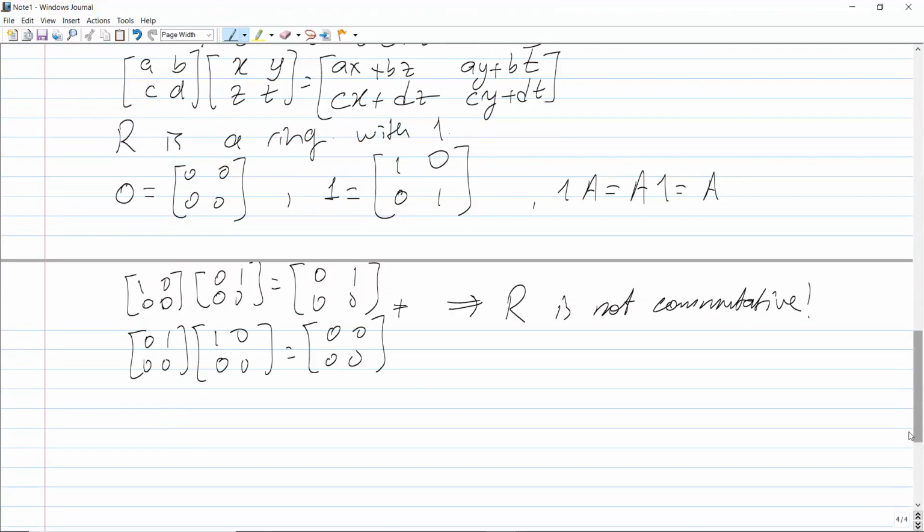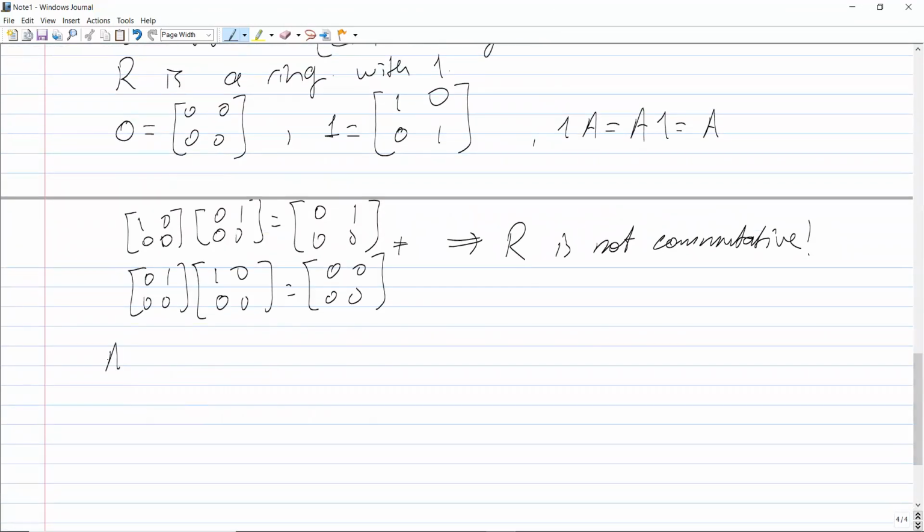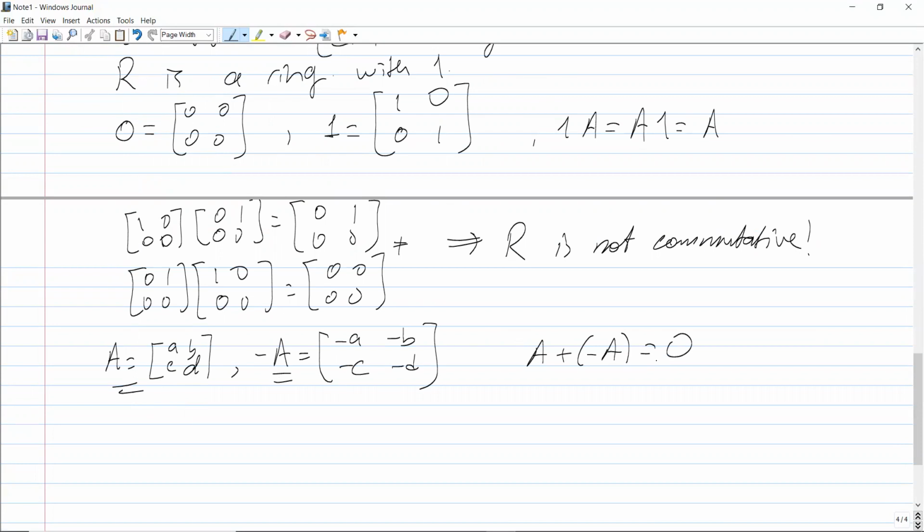And if we take a = (a, b, c, d), its additive inverse is (minus a, minus b, minus c, minus d), so that a plus minus a is the zero matrix.